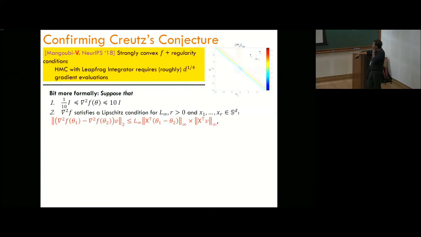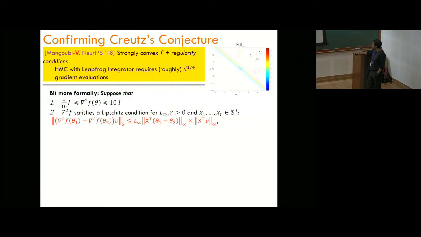And the Hessian satisfies the following: if you perturb the Hessian, if you go from θ1 to θ2, and you look at how the 2 norm of the Hessian changes, it is bounded by some constant times the infinity norm of these 2 strange objects.